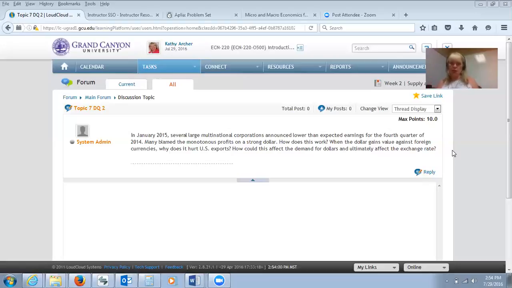If the exchange rate with the euro is 0.9 euros per dollar, if it only takes 0.9 euros to make a dollar, well, then that $10 item is only going to cost 9 euros, right? Only costs 0.9 euros to make a dollar. Are you with me so far?